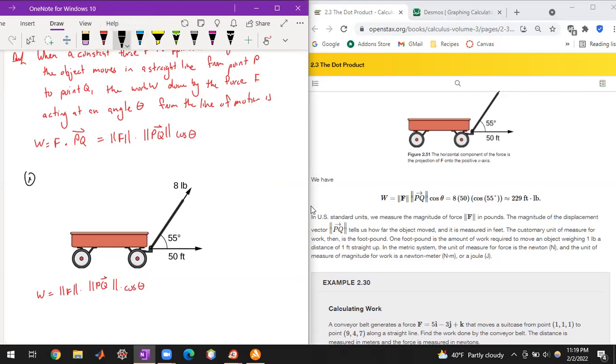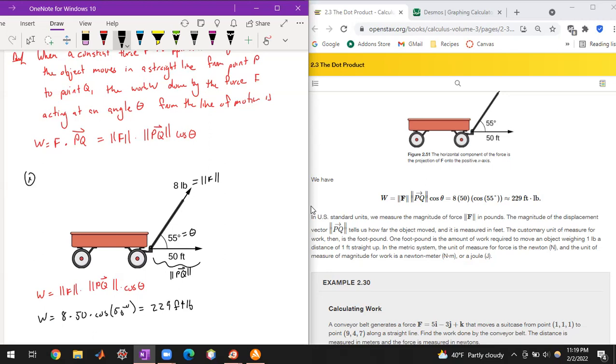So in this case, we're given that the magnitude of our force is that 8. Our vector PQ is right here. And our angle is 55 degrees. So the work done in this case is approximately 229 foot-pounds.